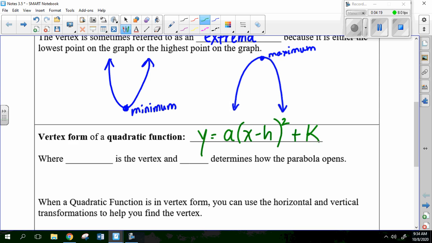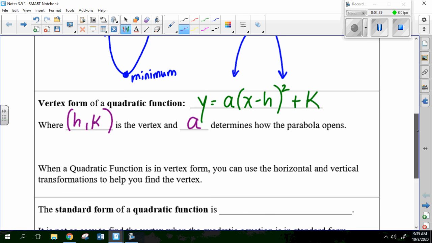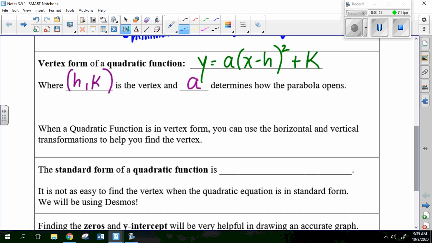So just like we did with the absolute value, the h and the k, the left and right shift and the up and down shift, tell me my vertex. And a will determine how the parabola opens. So the parabola opens up if a is what? Positive or negative? What do you think makes it normal, like the parent function?